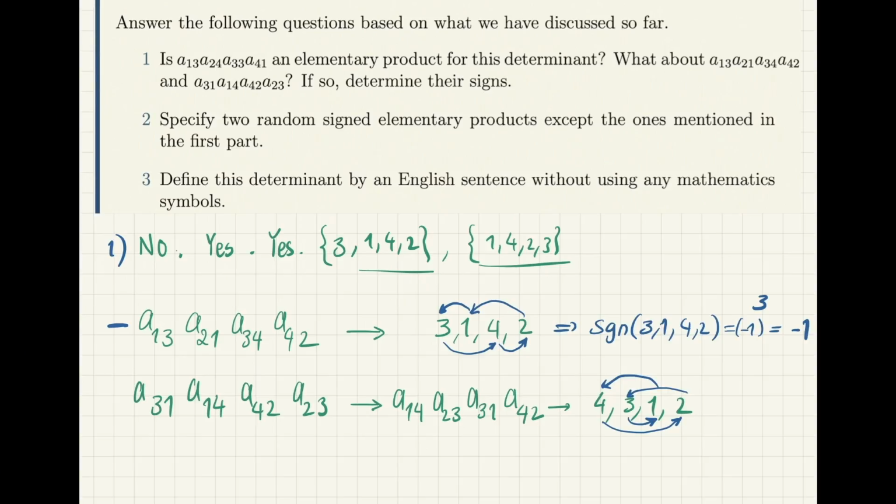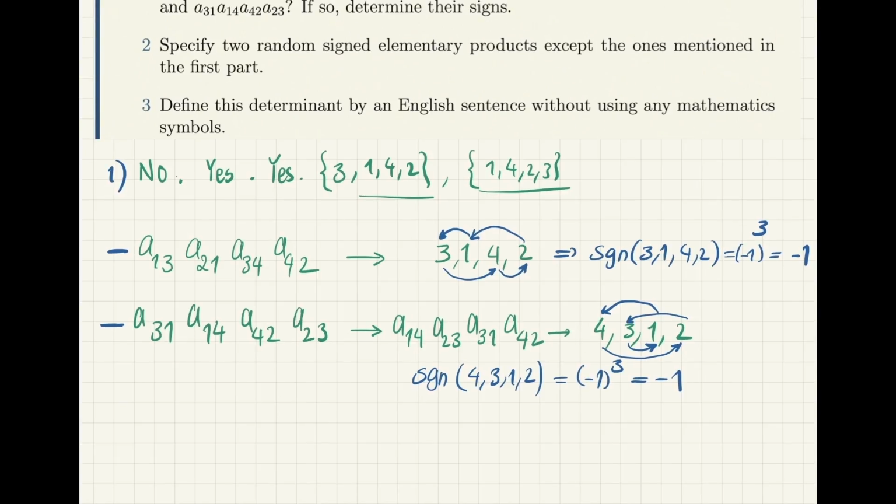So here it's also the same. I have 1, 2, 3, and 4 arrows. So the sign of 4, 3, 1, 2 is also -1 to the 3, which is -1. So again, this comes with a negative sign.